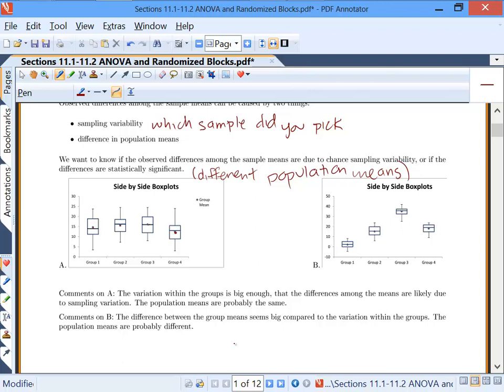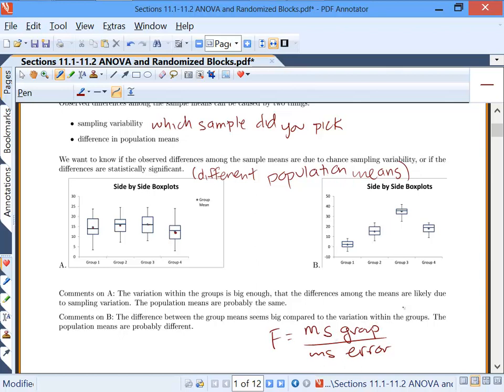So when you think of your F test statistic, the mean square group over mean square error, basically we're looking at the variation between the groups over the variation within the groups.